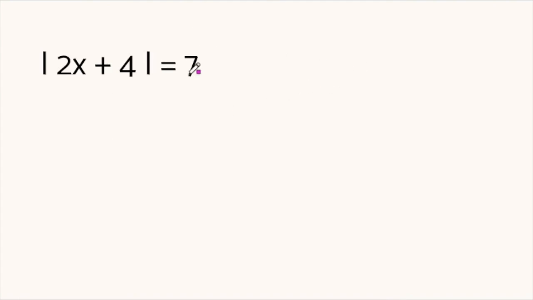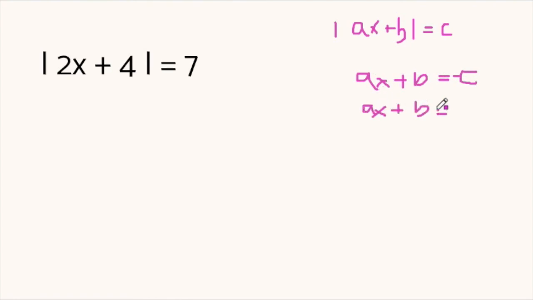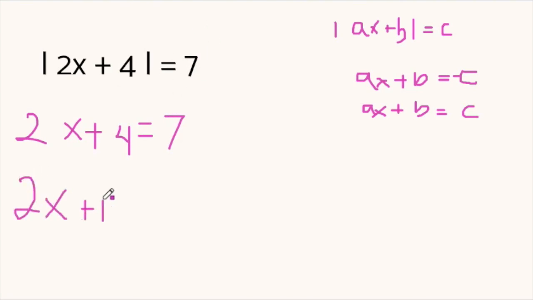The rule with this was whatever is inside the absolute value is going to be equal to C, and we separate it into whatever is inside the absolute value equals -C, and whatever is inside the absolute value also equals C. All right, so following this rule, this is going to be 2x plus 4 equals 7, and 2x plus 4 is equal to -7. And then we solve both of these.